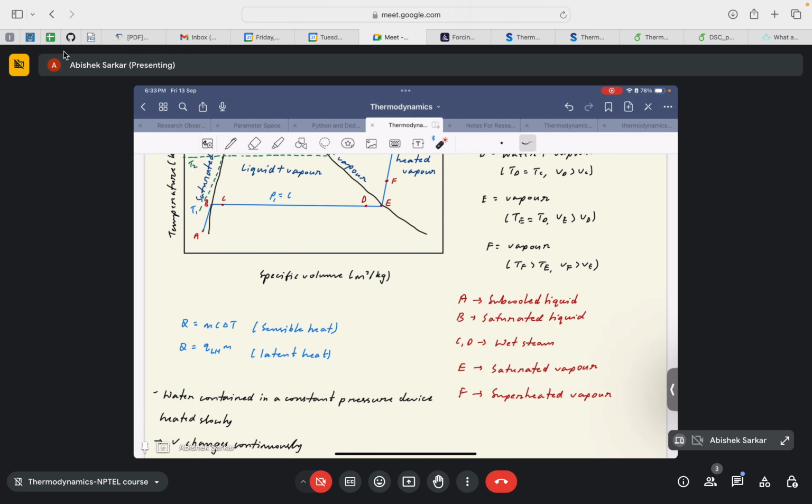I guess this was also discussed by Professor Anand in the lectures, but you will see that this is already given in the steam tables. So you just need to apply it to the mass of the liquid that is being heated to obtain the latent heat. Most of the questions regarding boiling of water or phase change will usually explicitly mention the latent heat of vaporization or latent heat of fusion in the question. You just need to apply it accordingly to find the net heat applied during the phase change. Okay.